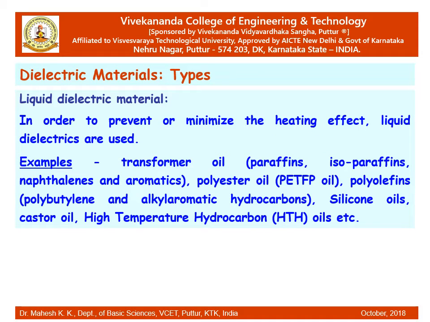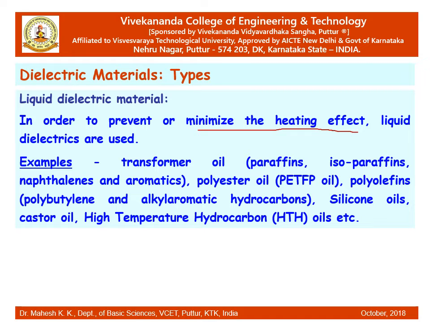To speak about liquid dielectric material, when in service, the electrical appliances may undergo prolonged heating due to eddy current or Joule heating. It will contribute to the deterioration of the material. In order to prevent or minimize the heating effect, liquid dielectrics are used. So that means it is mainly used to prevent or minimize the heating effect.